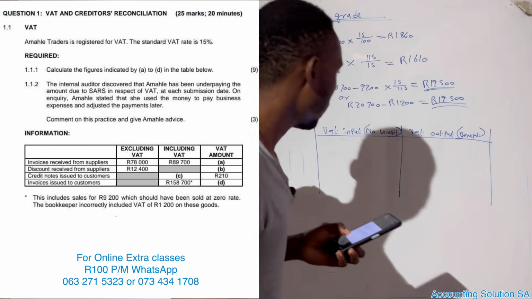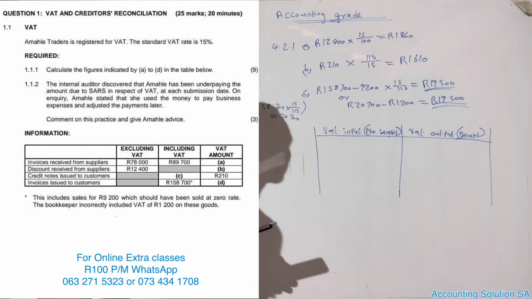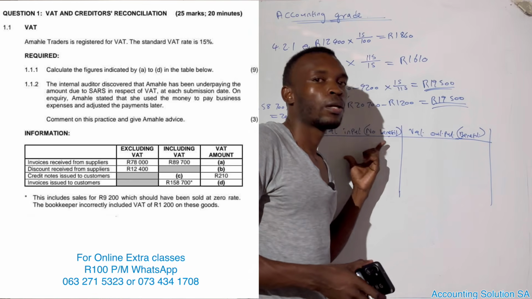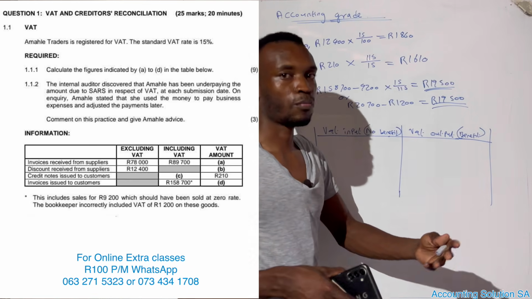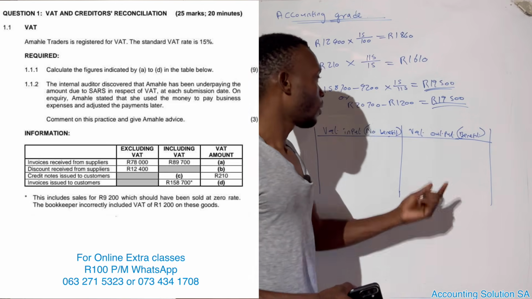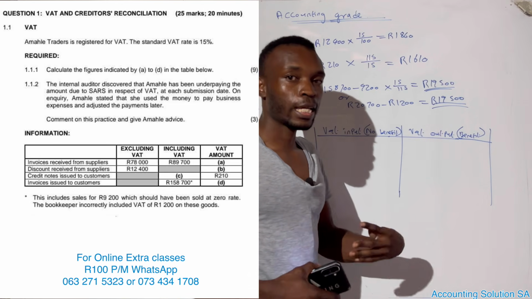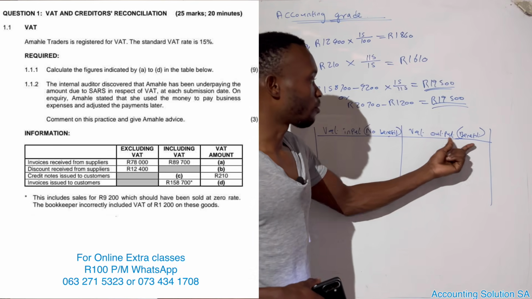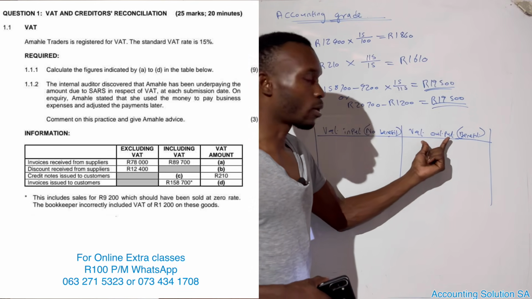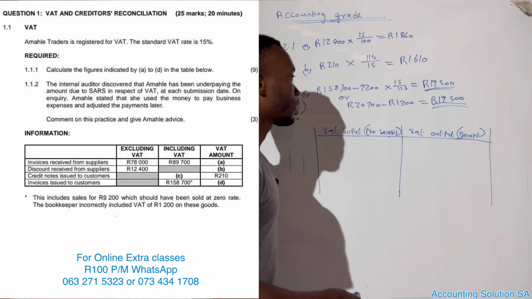Okay, now let's do this. When we say VAT input, we check the transaction where the business has spent or lost something. Output, the business has benefited or received money. We call it output. We collect it and give it to SARS.